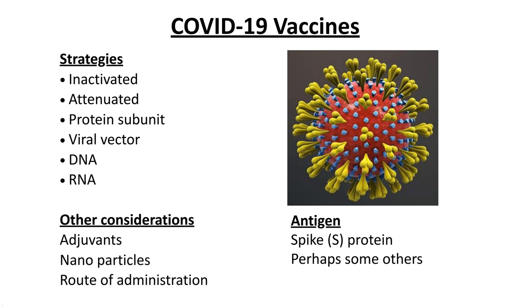And in terms of the route of administration, all the vaccines that have been approved are intramuscular. There are some in the pipeline that are intranasal. These may have the advantage, if they work well, of inducing very good local immunity in the upper respiratory tract, which is where infection starts.